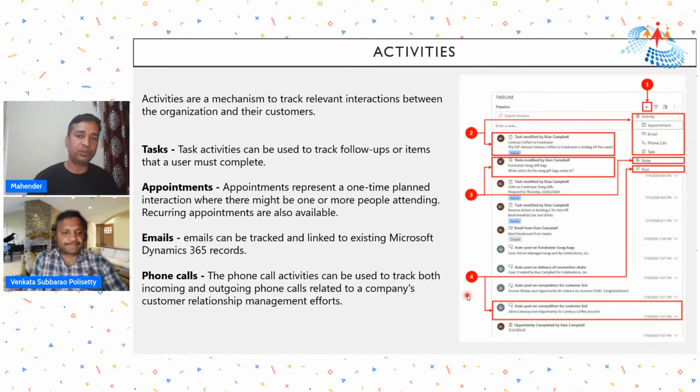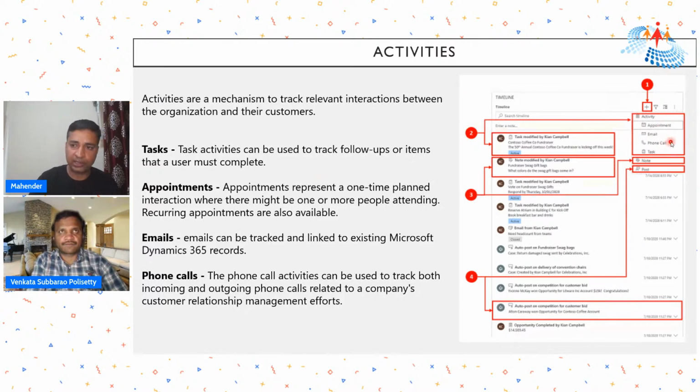So we have different options that you can see. This is the timeline that you will mostly see on every record. Any interaction will be visible here, and you can see that we have the option to create different activities. When you click on the plus sign, you can select what activity you want to capture.